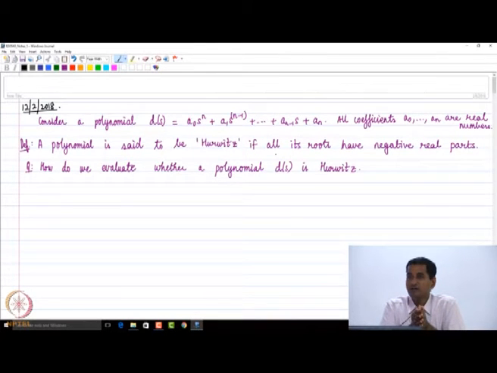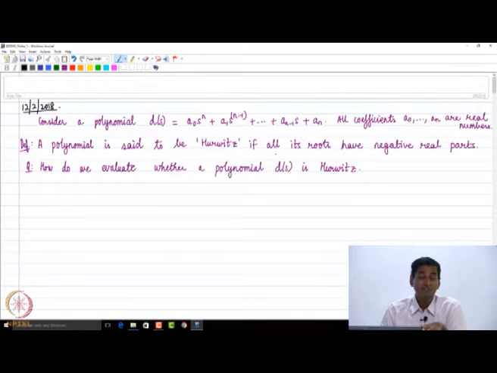In essence, if I am given any transfer function and want to comment on the stability of the system, I need to look at the denominator polynomial of the transfer function, and all the roots of the denominator polynomial must be in the left of the complex plane. So that's the criterion for BIBO stability.